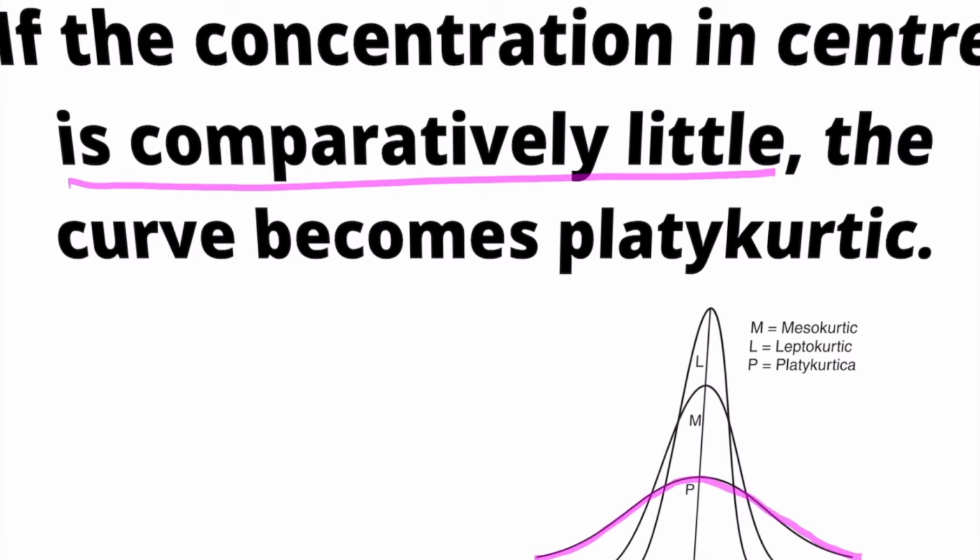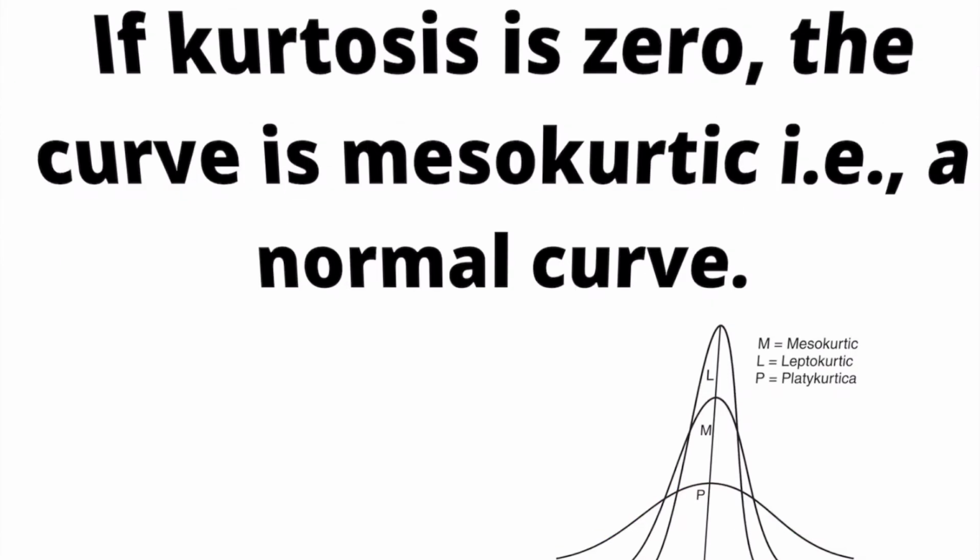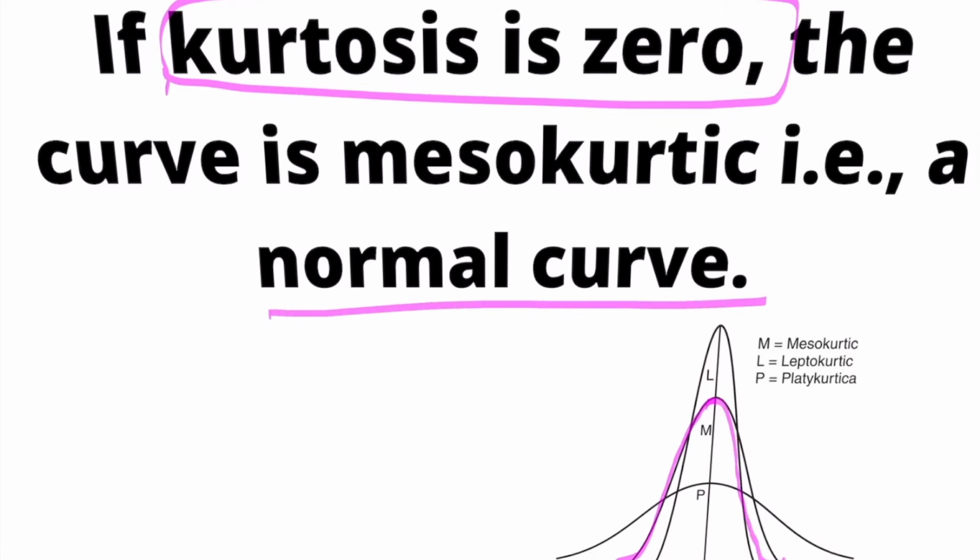So as compared to the first one and the last one, the curve in the middle is called the mesokurtic curve, and we also say that it's a normal curve. So kurtosis is 0 for the mesokurtic curve, and this is also called the normal curve.